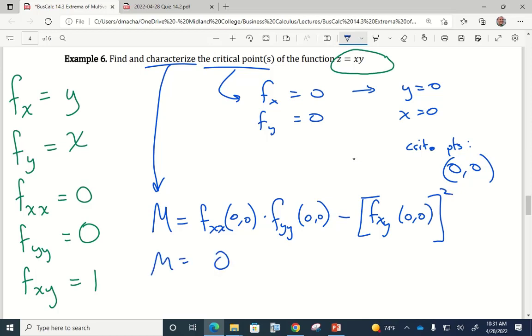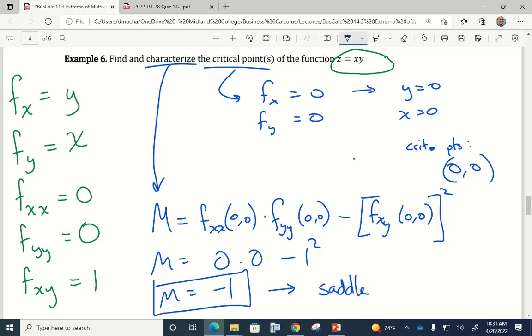And so m is going to be 0 times 0 minus 1 squared. And so m is going to be -1. And since m is -1, that tells me we are looking at a saddle point. If you have a negative value for m, you're looking at a saddle point.